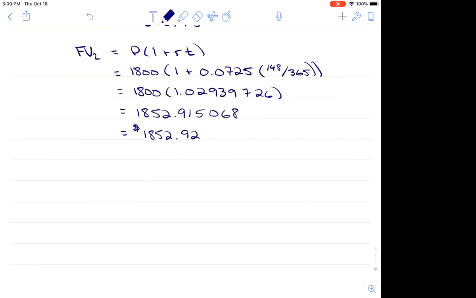And then future value 3, same thing. P times 1 plus RT. The principal loan amount for the first loan was 2,200 times 1 plus the rate, still 0.0725. And the time we found was 191 days out of 365.